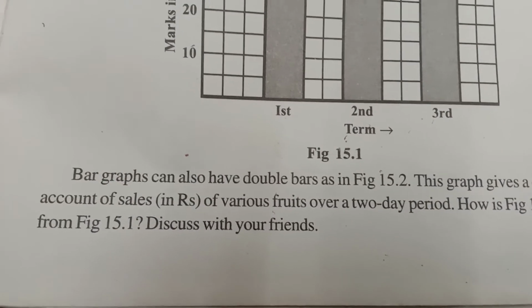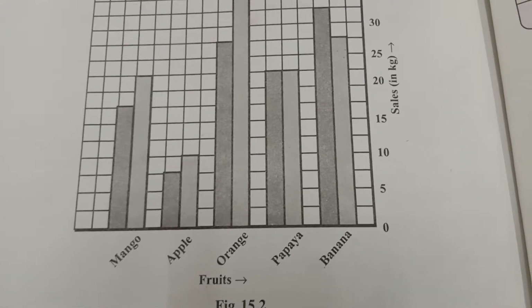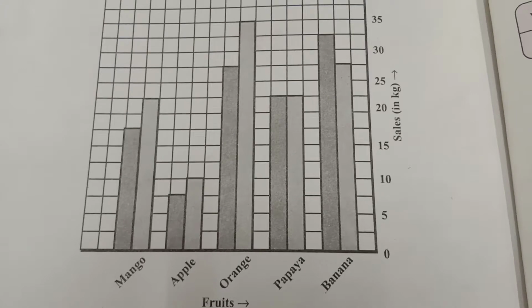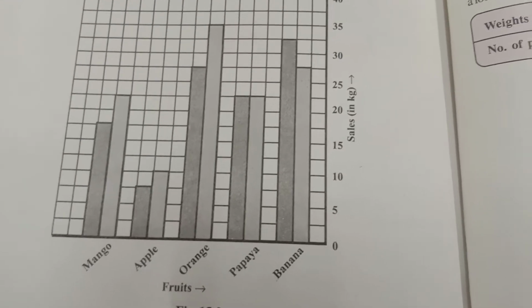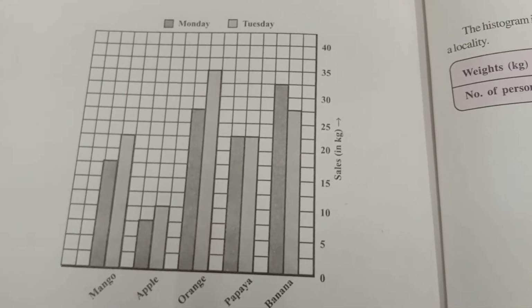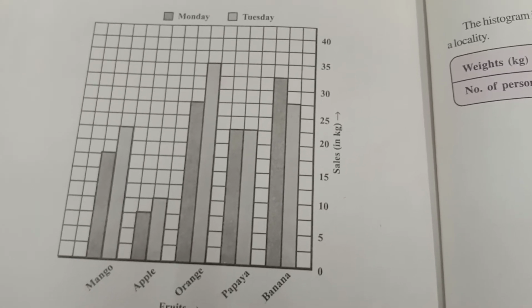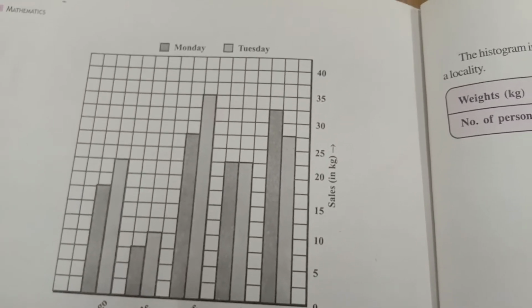Discuss with your friends. Yes, this is figure 15.2. Here on the horizontal line we have mango, apple, orange, papaya, banana, different kinds of fruits, and sales in kgs on the vertical line: 0, 5, 10, 15, 20, 25, 30, 35, 40 kgs.